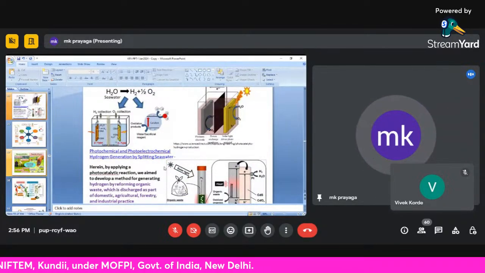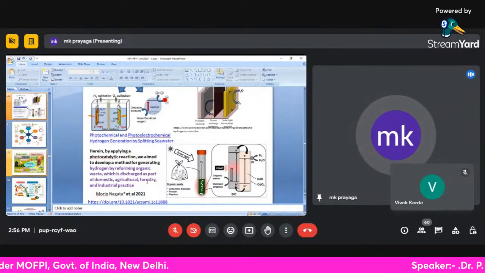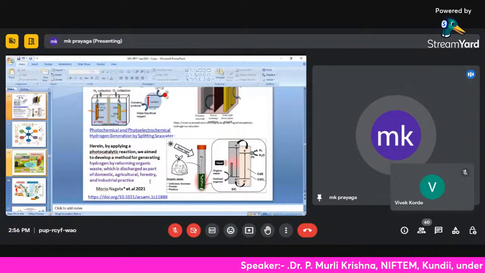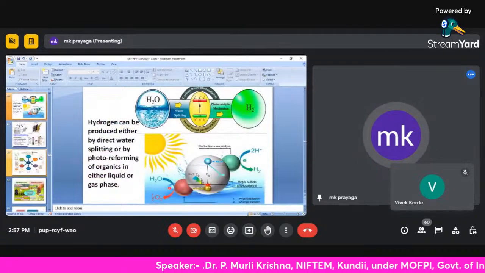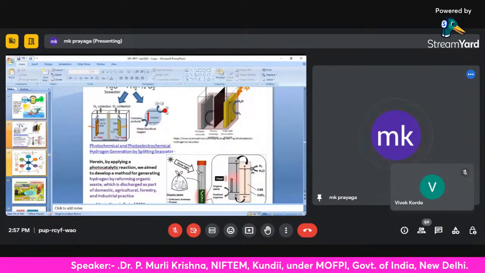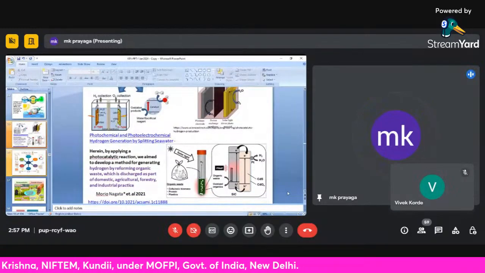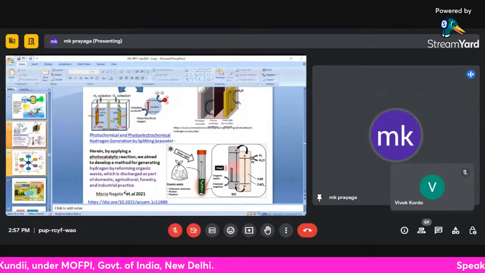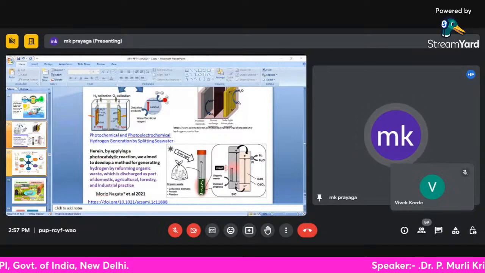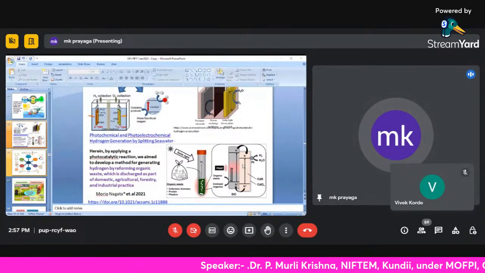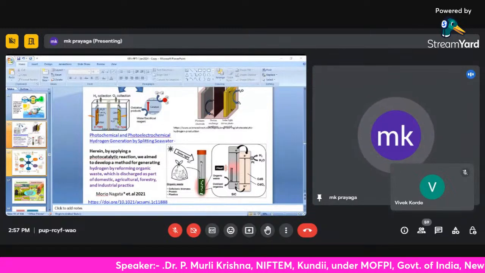Just recently I saw something very interesting. Along with water, nowadays people are using waste material. This is a very recent area reported. Whatever waste is there, like agricultural, forest, or domestic waste, they are also using it for the development of hydrogen using solar light.